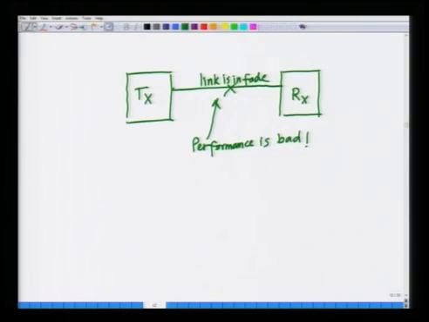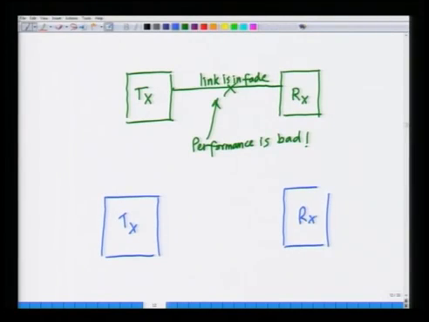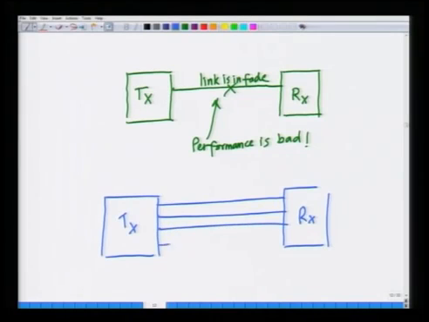So, now one possible method to avoid this problem is a rather simple technique. It is not very complicated. Consider another transmitter and another receiver. I have one link. Now, instead of one link, I can have multiple links. So, in this multiple link system, even if, let us say, 2 links are in a deep fade, the rest of the links can be employed to transmit information.